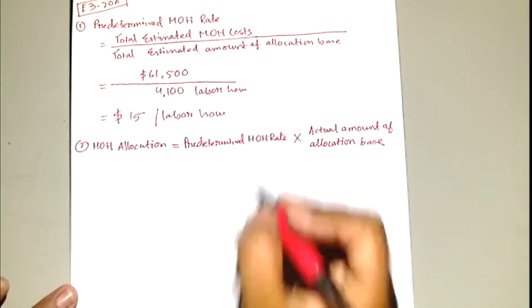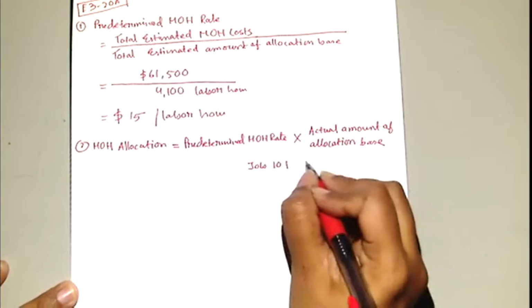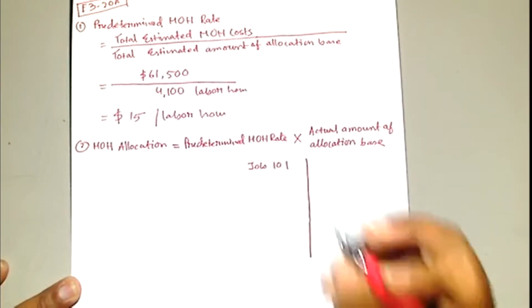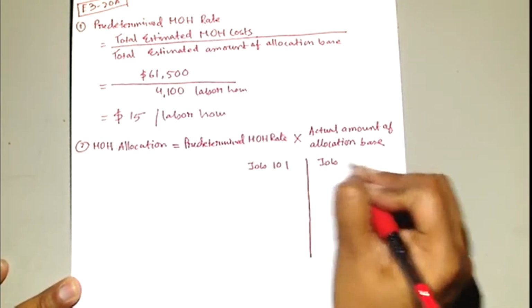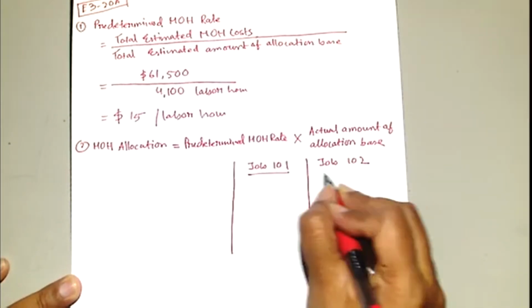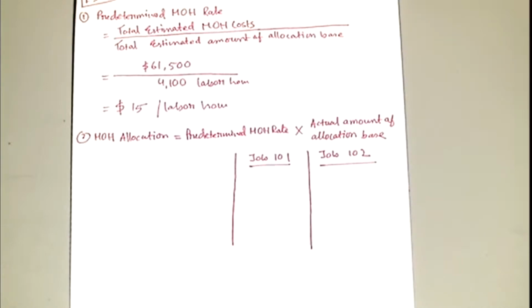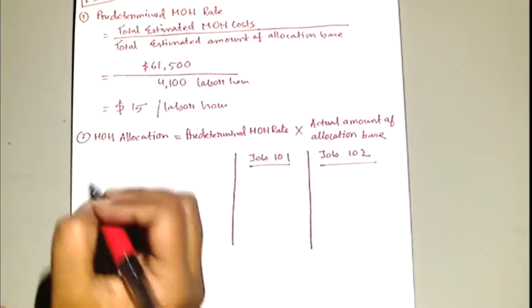But we will do it for our 2 jobs. So what I will do is prepare 2 columns for 2 jobs, and this is how I can save a little bit of space. Job 102. So these are our 2 jobs, okay? So what will be our manufacturing overhead allocation to job 101?